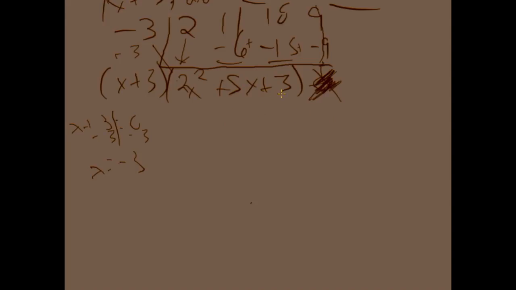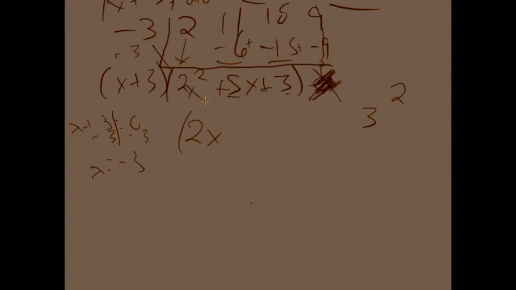Now what we have is 3, right? We got to have factors of 3 that add up to 5, right? However, because this is 2x squared, we'll have to multiply the factor by 2.